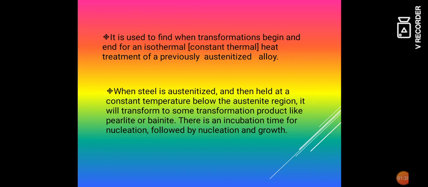When steel is austenized and then held at a constant temperature below the austenite region, it will transform to some transformation product like pearlite or bainite. There is an incubation time for nucleation followed by nucleation and growth.